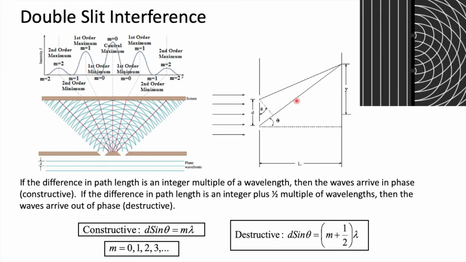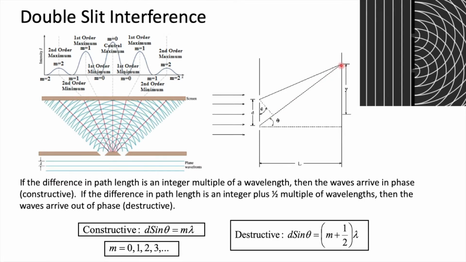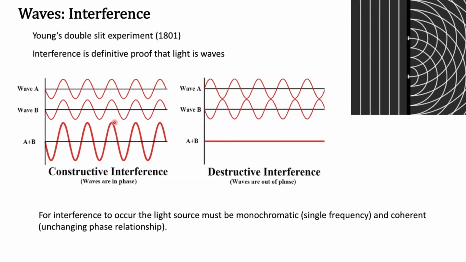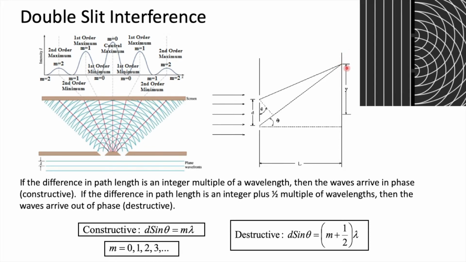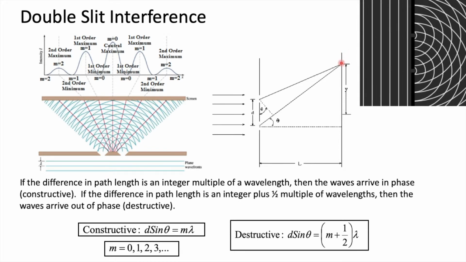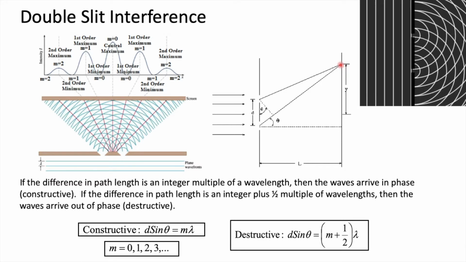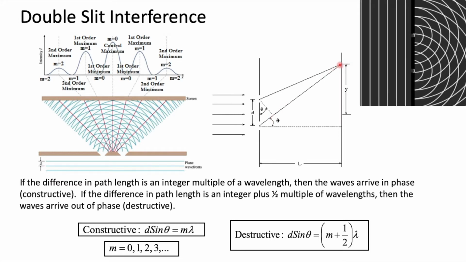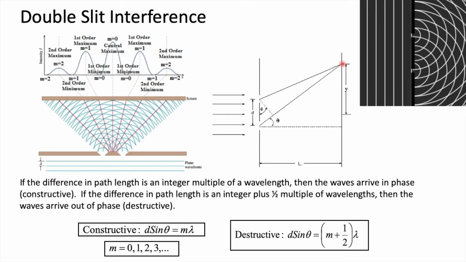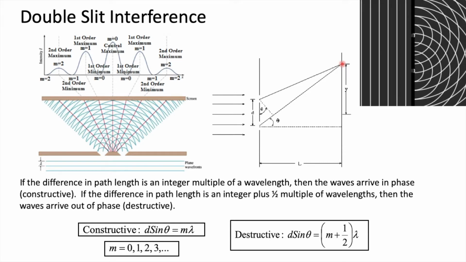On the top here, you can imagine, if both of these waves meet constructively at that point, we are going to see a constructive interference, or a bright fringe. If they are out of phase at that point, we see a dark band, or a destructive interference.